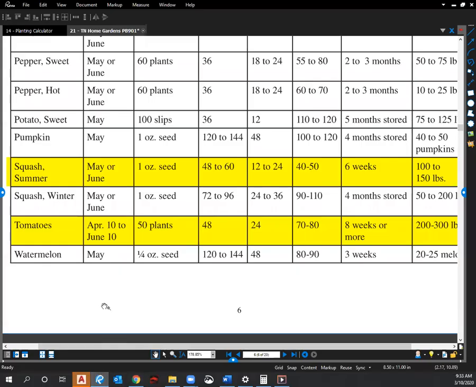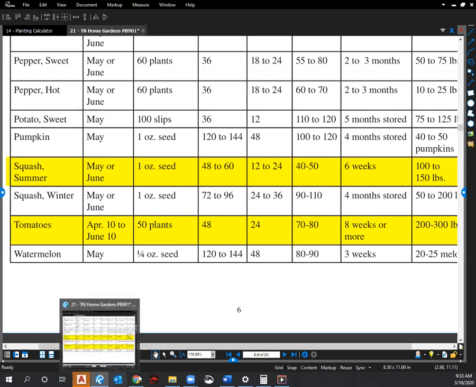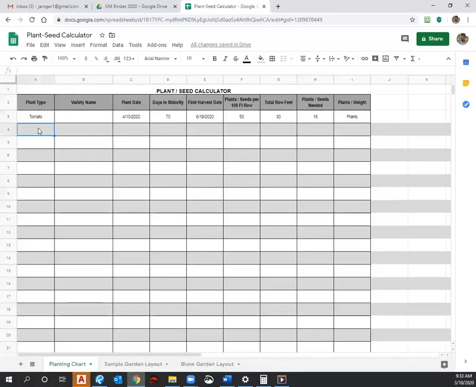Okay, moving on. Zucchini. We're going to do May 1st, 40 days to maturity. Here on your calendar, just look that up.